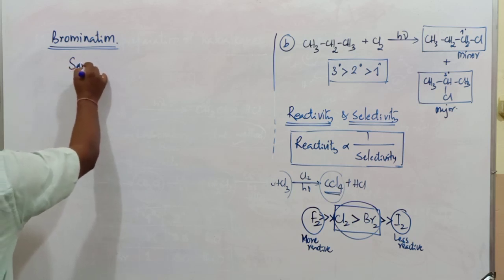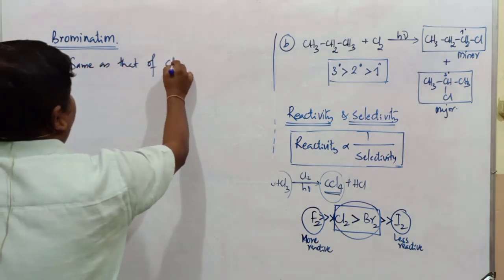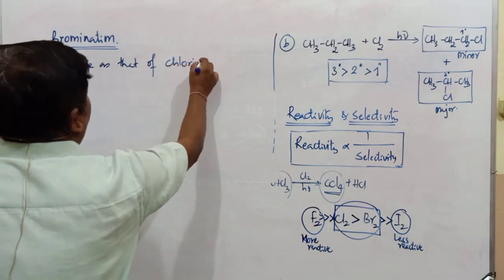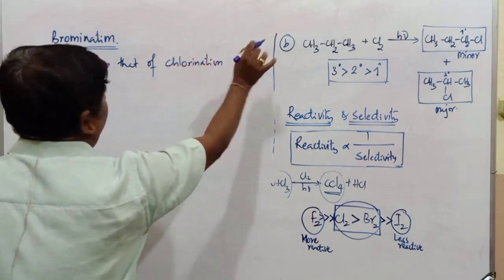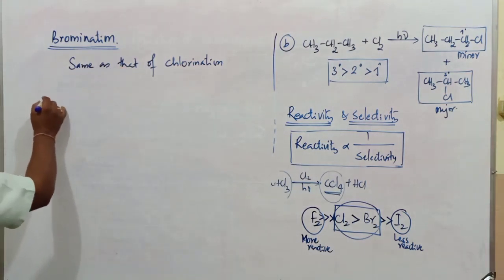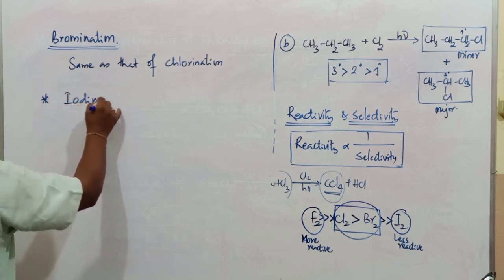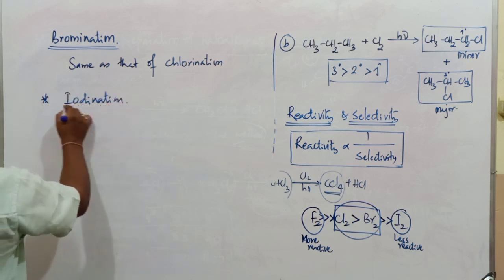I have already mentioned two examples in the case of chlorination, so you can concentrate on those chlorinations. It is going to take place in the same manner. And iodination also takes place.